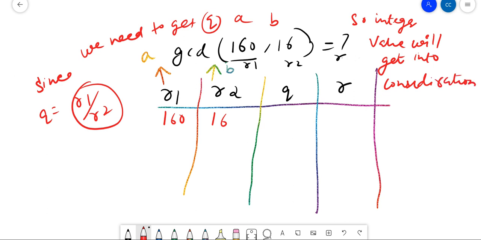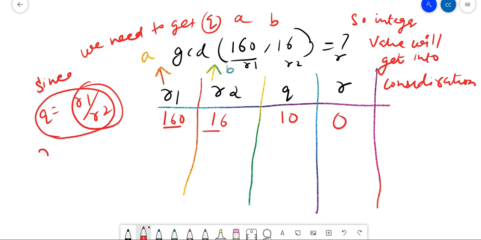Now 160 by 16, how much we will get? Quotient we will get 10, remainder 0. This is the first step, right?